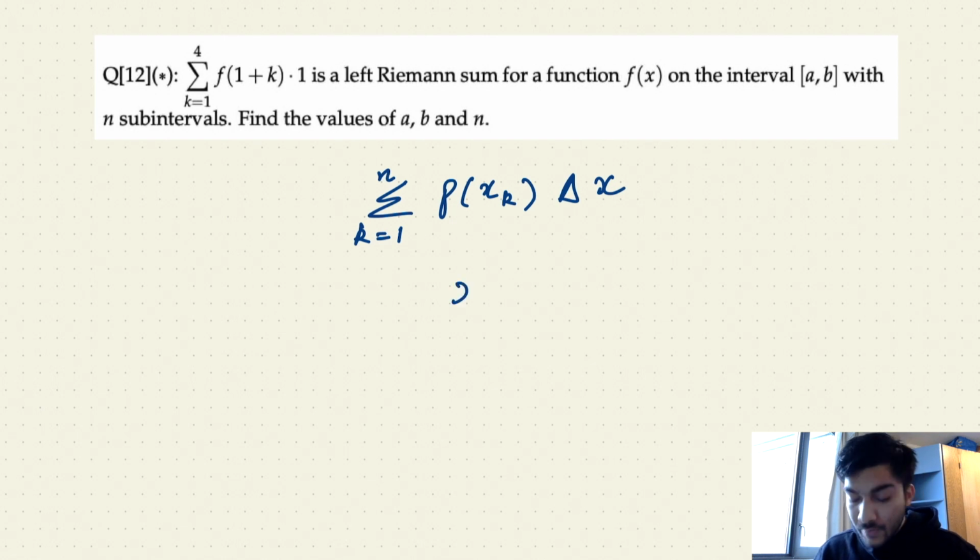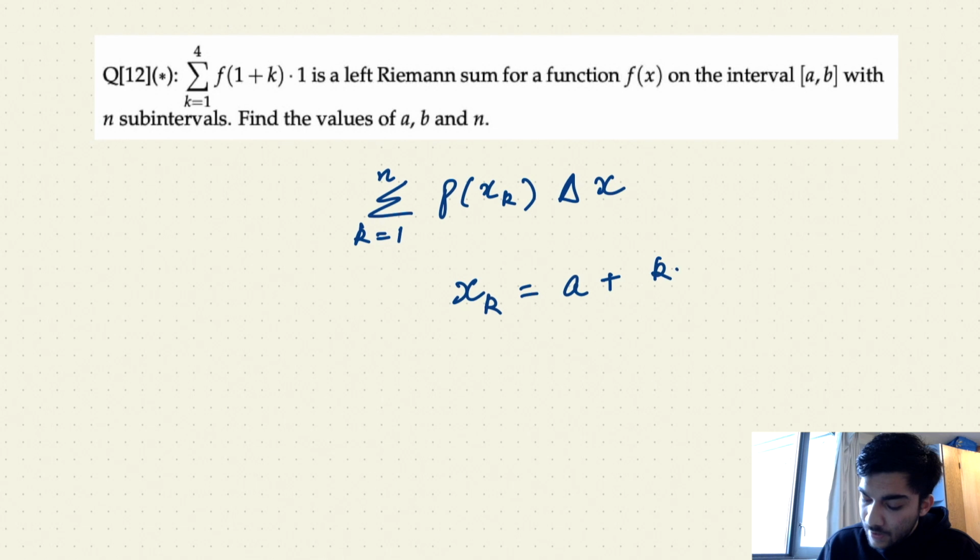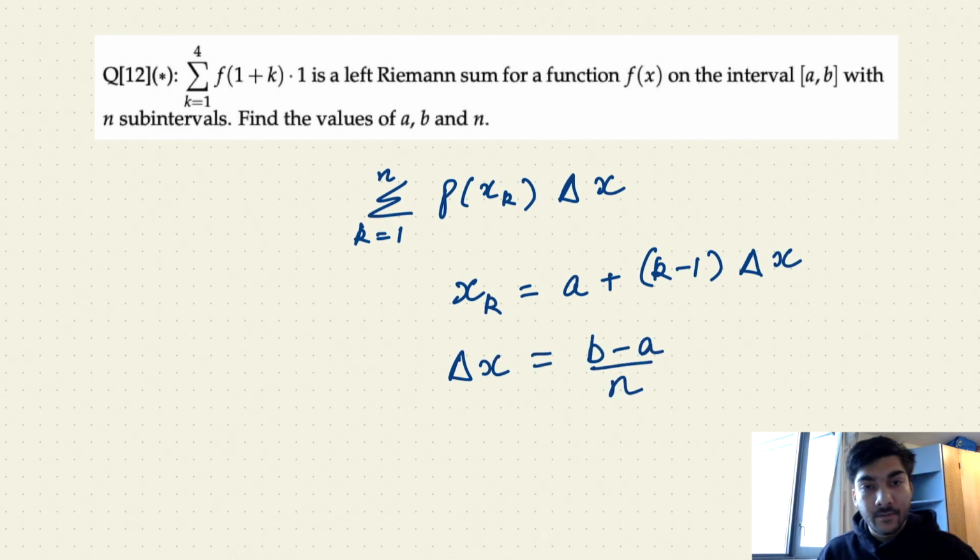For a left Riemann sum, your xk is basically a plus (k minus 1) delta x, and my delta x is (b minus a) divided by n. So you basically have to substitute all these values that you see on the screen in the original notation in order to make it a left Riemann sum representation.